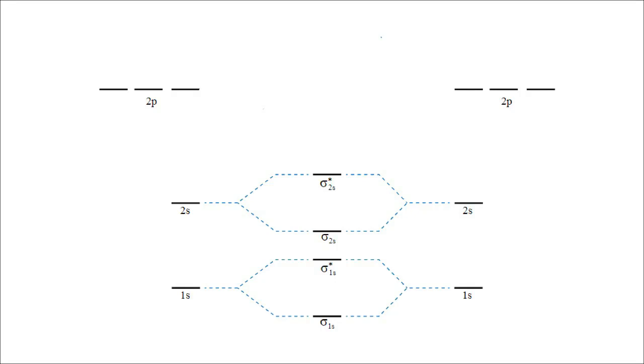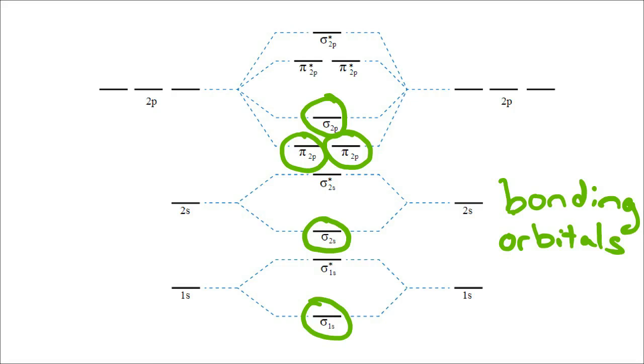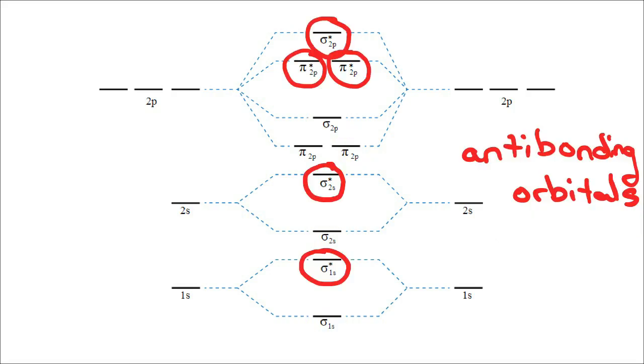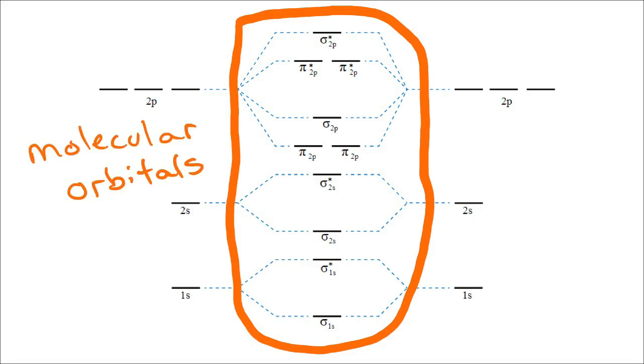The other atomic orbitals can mix together to give you even more molecular orbitals. As shown here, notice that all of the orbitals that don't have a star are bonding orbitals, and all of the orbitals that do have a star are antibonding orbitals. All of these orbitals together that result from the overlap of atomic orbitals are molecular orbitals, and they tell you all the different ways that electrons can fly over multiple atoms.